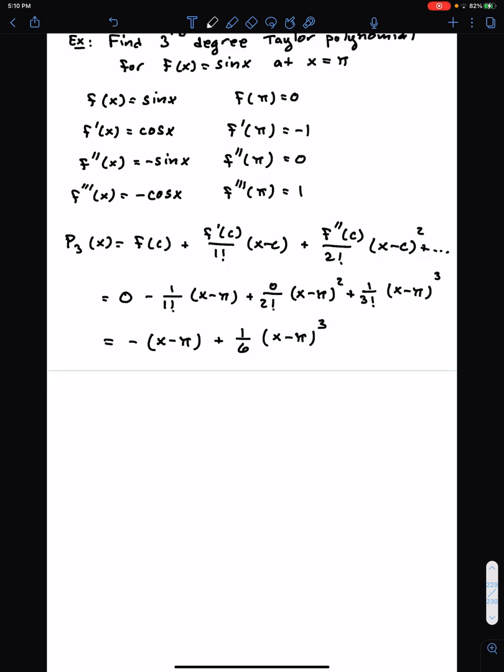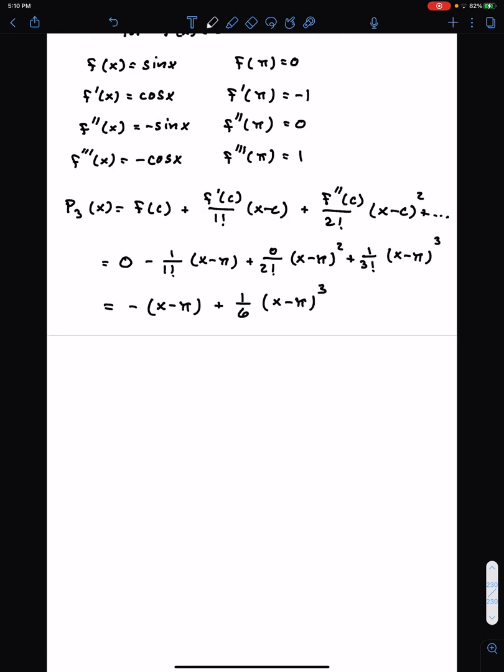At x equals pi, they're the exact same. So if I plug in sine of 3 into the calculator, I get 0.14112. This third degree polynomial at, oh, not at pi, at 3, and I picked 3 because 3 is close to pi, gives 0.141119.